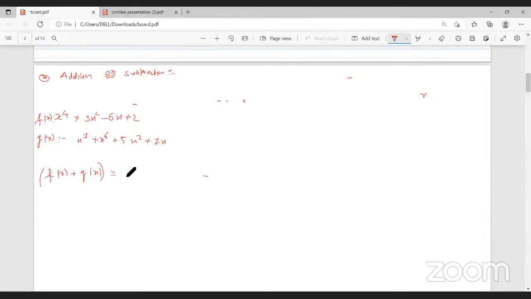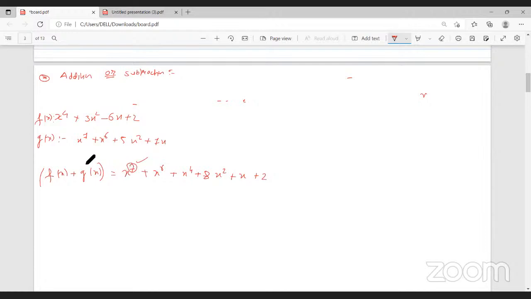Because when we add, we are getting x to the power 7 plus x to the power 6 plus x to the power 4 plus 8x square. Here you can see we have to add the coefficients having the same degree: 3 plus 5 that is 8x square, plus 7x, plus 2, right? And the degree of this polynomial is 7.